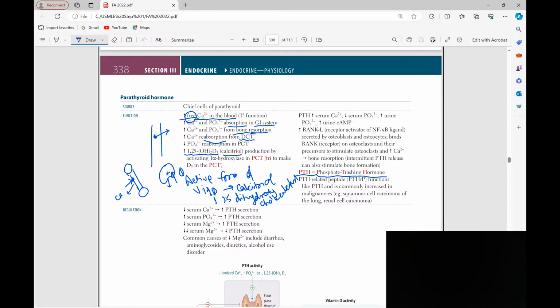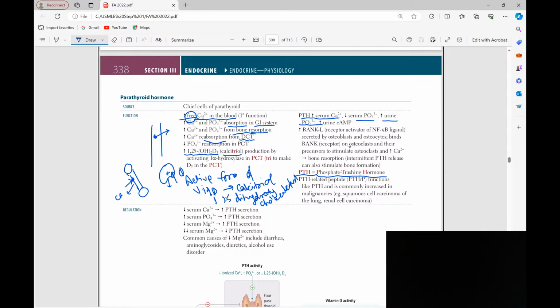Okay, so here it is. PTH increases serum calcium and decreases serum phosphate. How it decreases serum phosphate is by increasing urine phosphate excretion. And this is a bit complicated thing; we will study this in musculoskeletal.